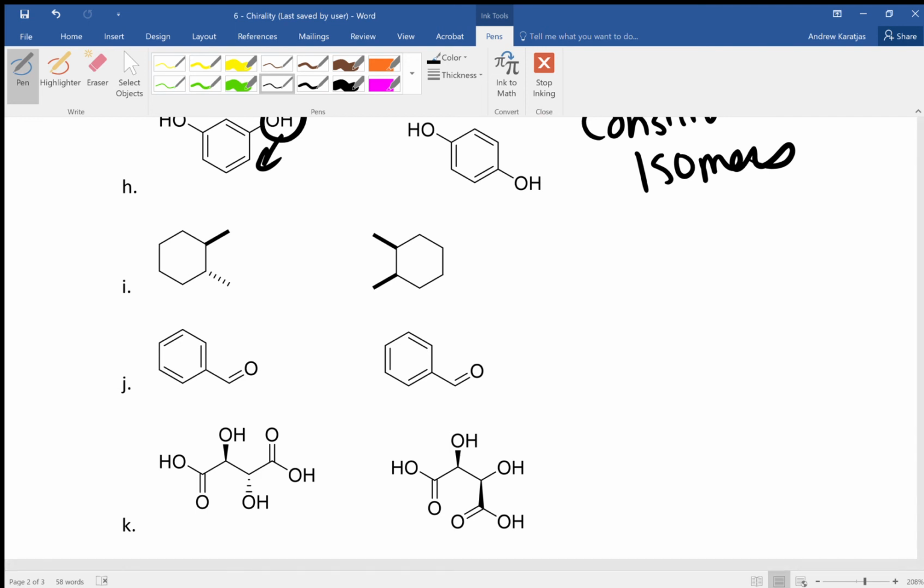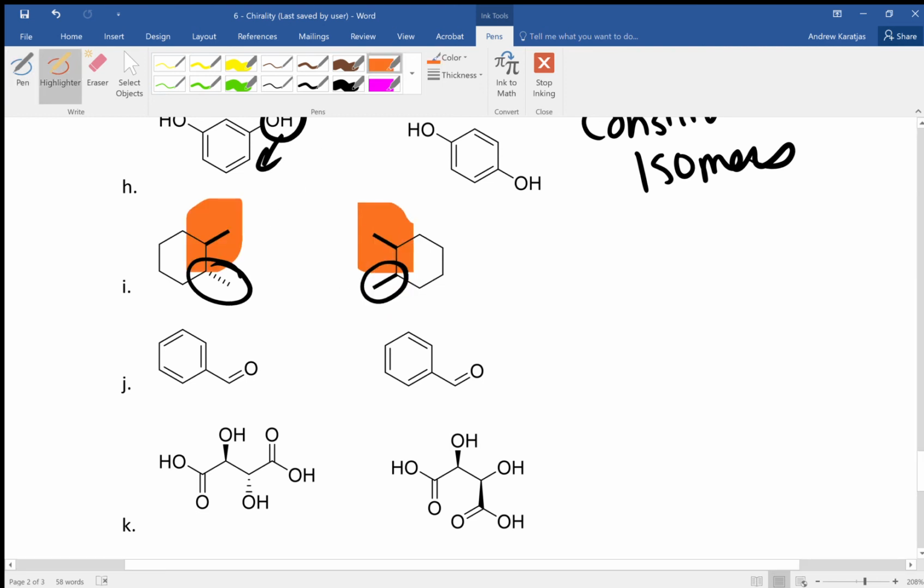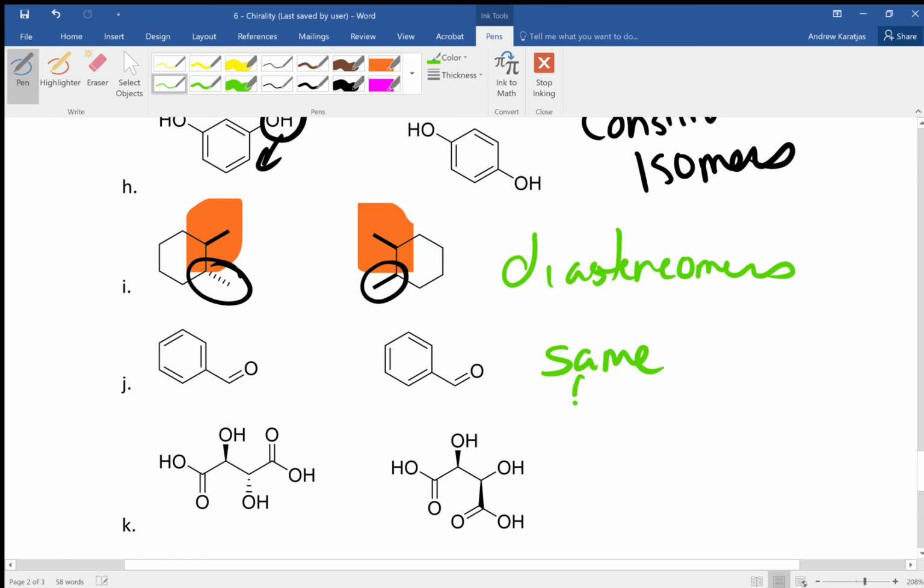In part I, we've changed one stereocenter, but not the other. That makes them diastereomers. Part J, these are just the same. They're actually resonance structures of each other.